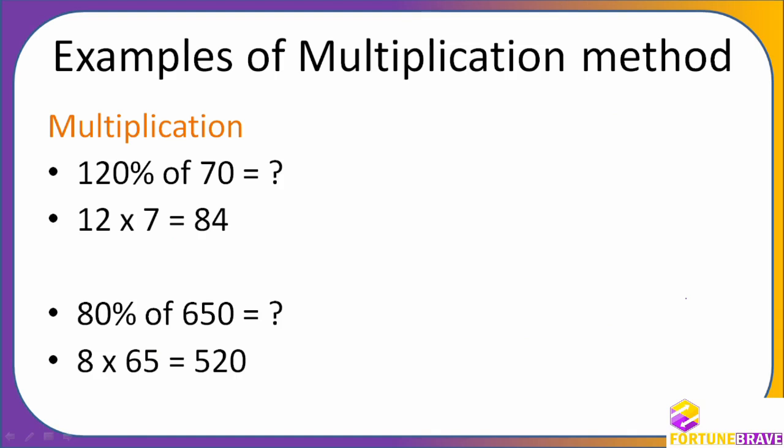Let us see some more examples for the multiplication method. This one, can you see, 120% of 70? What I am going to do is put a dot here, and then it will become 12 into 7, which is equal to 84. So this is 84. Next, you can see here, say for example, 80% of 650.